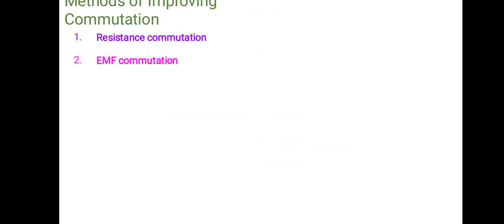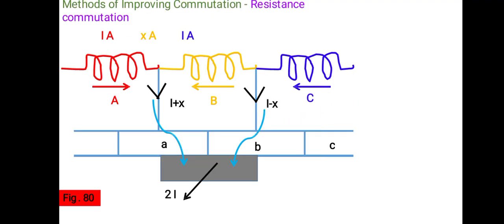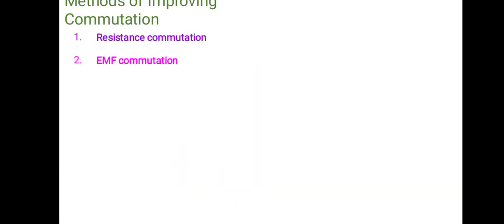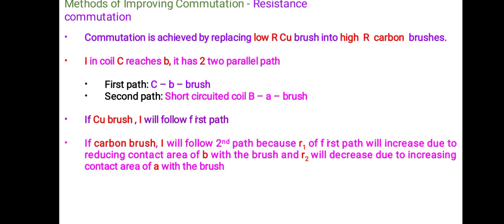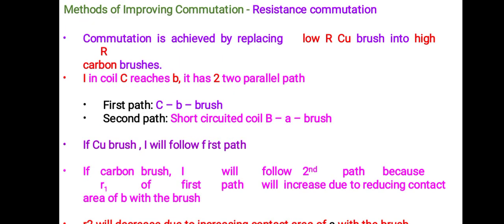To improve commutation, we have two different methods: resistance commutation and EMF commutation. In resistance commutation, we change the resistance of the brushes, replacing the low resistance copper brush with a high resistance carbon brush.